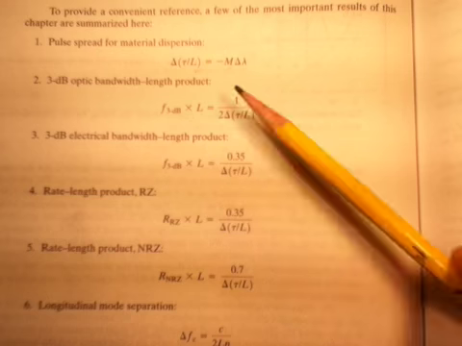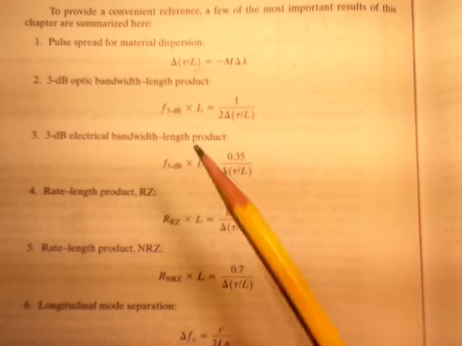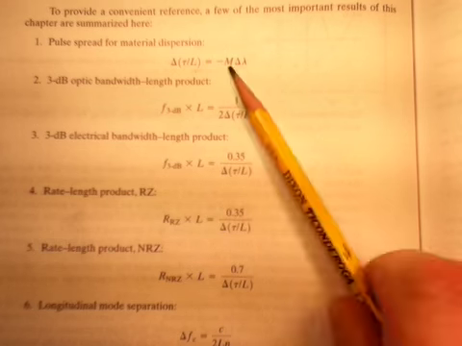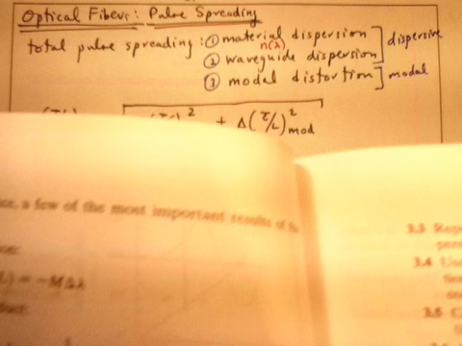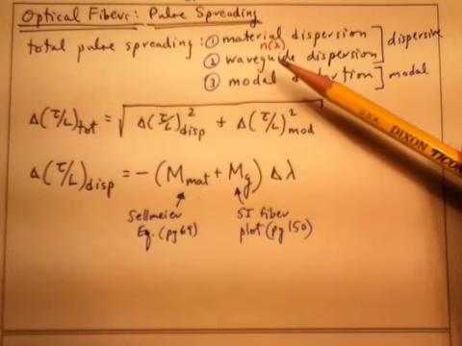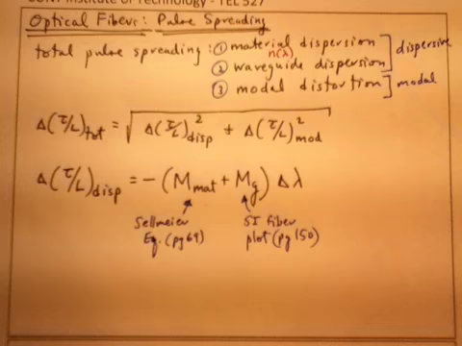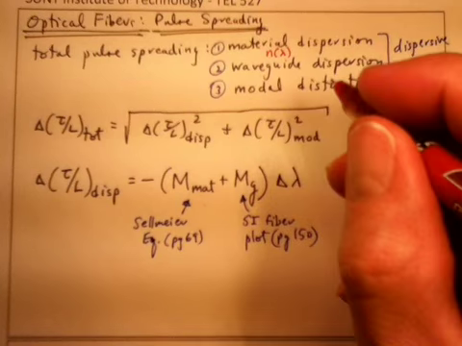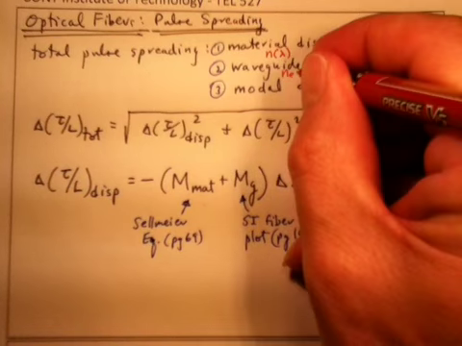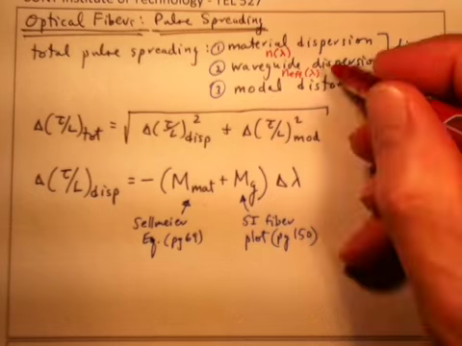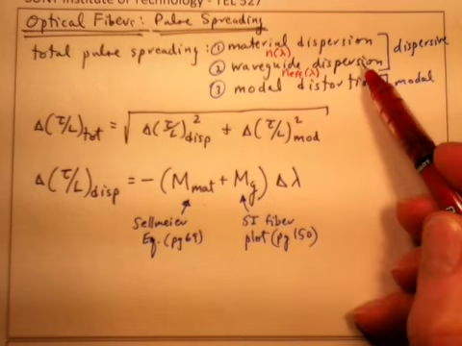And now what we're doing in Chapter 4 is we're adding to this story the waveguide dispersion, where what we found was when we made our mode plot that n effective is now also a function of wavelength. And that gives rise to a waveguide dispersion component.